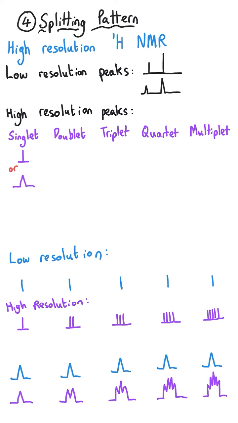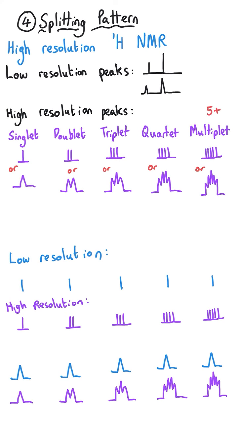The next possibility is a doublet, which is 2 lines, or a spike that has been split into 2, or a triplet, which is 3 lines, or a triangle spike cut into 3, a quartet, which is 4 little mini peaks, and the last option is a multiplet, which you're never going to be asked to draw, but that is basically 5 or more. It's a sort of catch-all phrase that includes anything greater than 4 peaks.